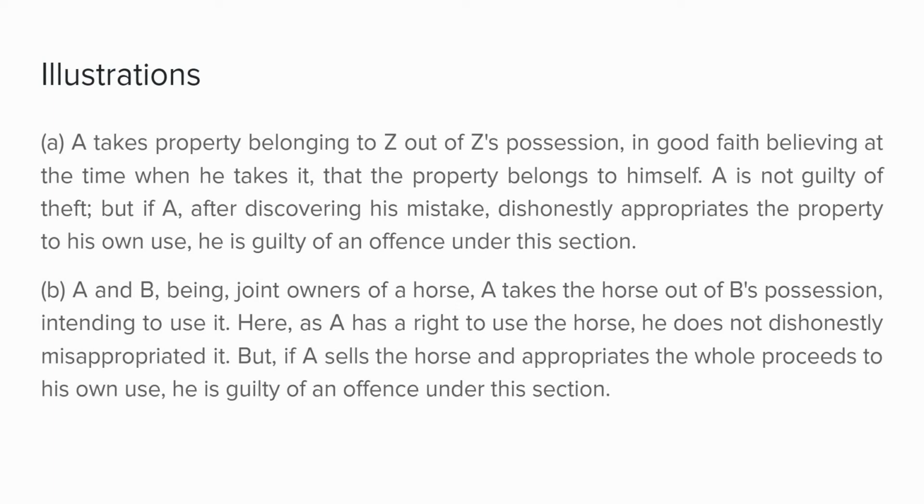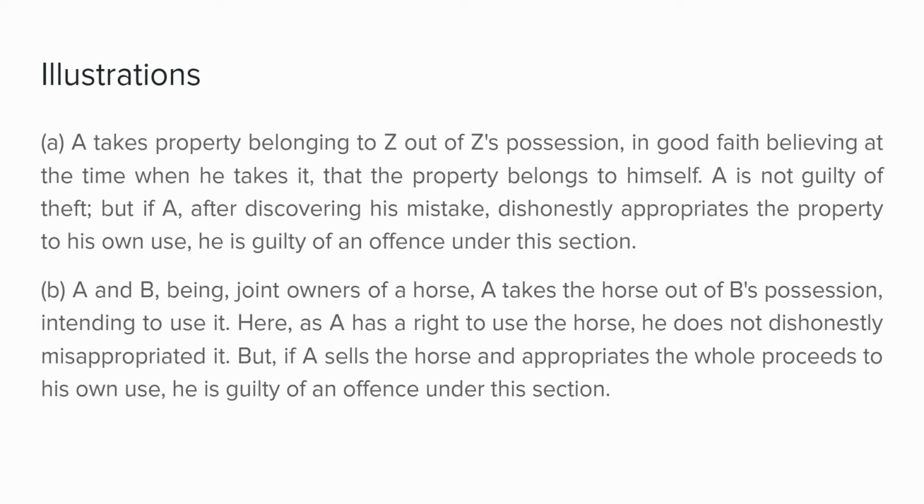Here, A is not guilty of the offense of theft, but after he discovers or realizes that he has mistakenly picked up the mobile phone of Z, A with dishonest intention appropriates that mobile phone to his own use. He sells that mobile phone or uses that mobile phone for himself. Then he is guilty of an offense under this section.